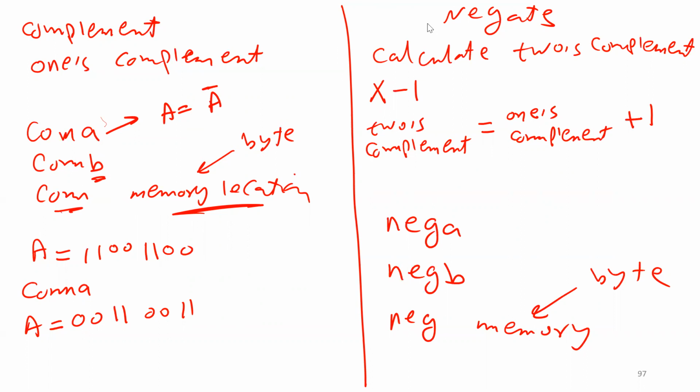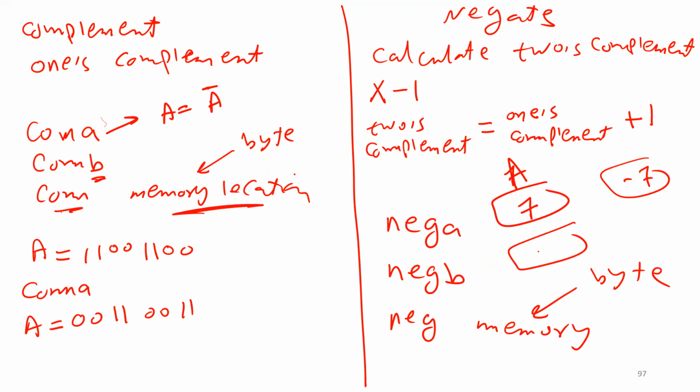Now I want to talk about negate. Negate means you calculate the 2's complement. As I explained before, when you calculate the 2's complement, you actually multiply the number by -1. That means if register A is storing number 7, after you negate A, it should be -7. If it is -50 and you negate A, you are going to get 50.